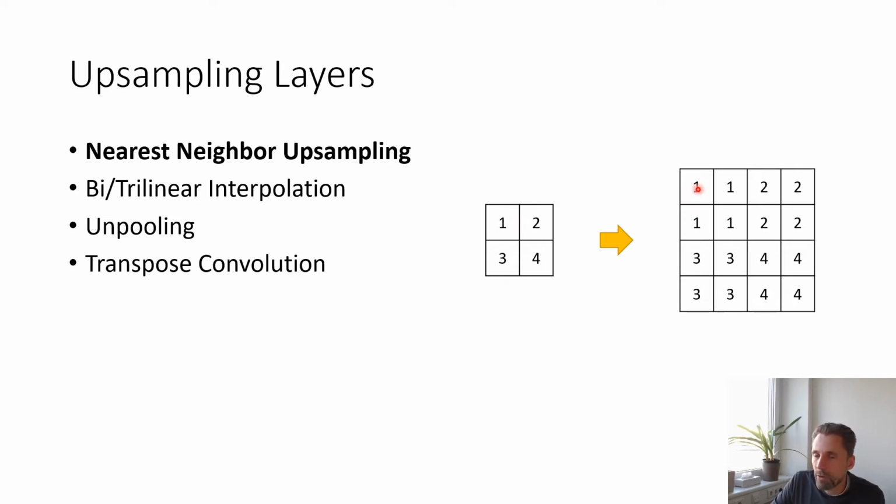For a given output position, it takes the nearest input position and takes that value from there, right? So it's like you take that 2x2 patch and warp it over this bigger output, and then this one position here would extend over this 2x2 block, and the 2 would extend over the other 2x2 block here. That's nearest neighbor upsampling.